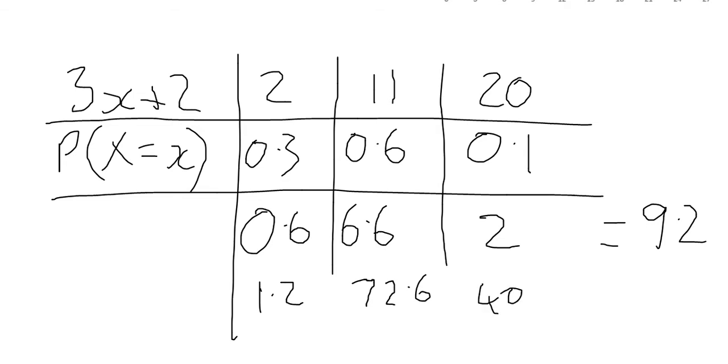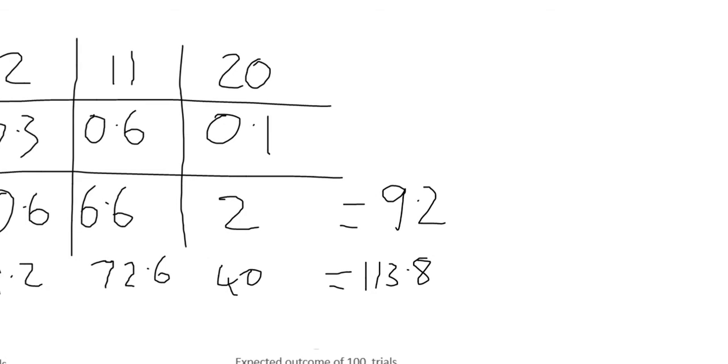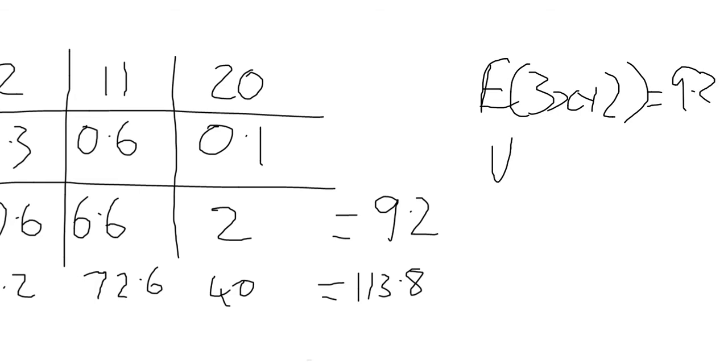So altogether we've got 113.8. So we've got E of 3x plus 2 equals 9.2. Our variance is 113.8 minus 9.2 squared, which equals 29.16.